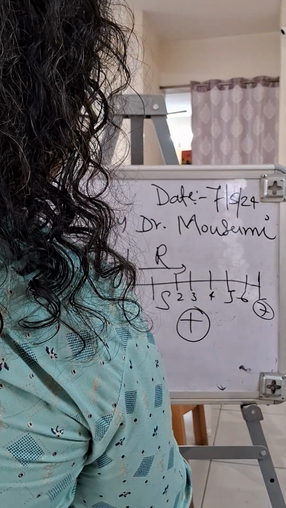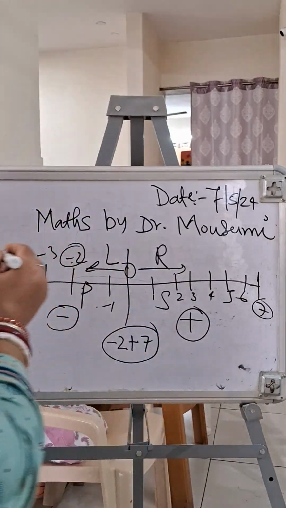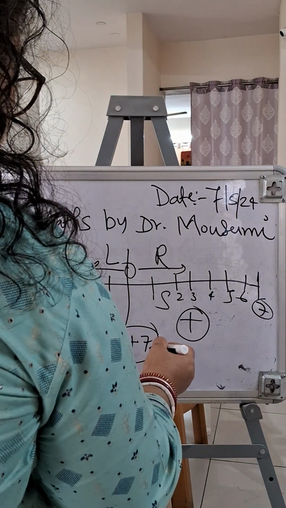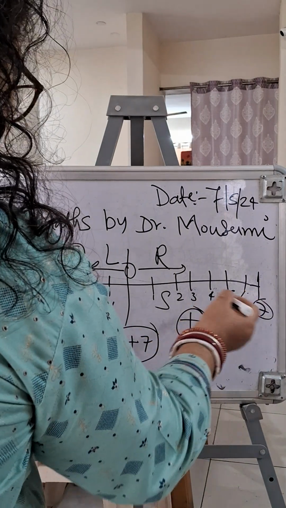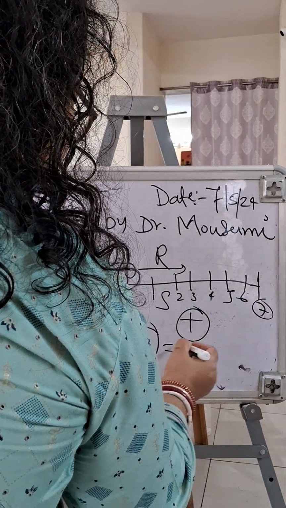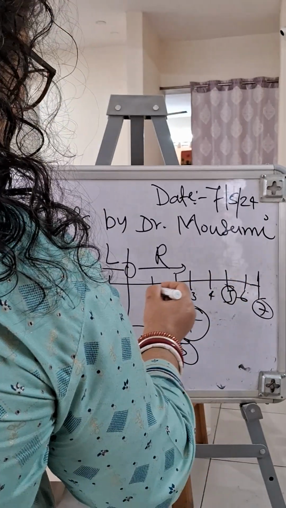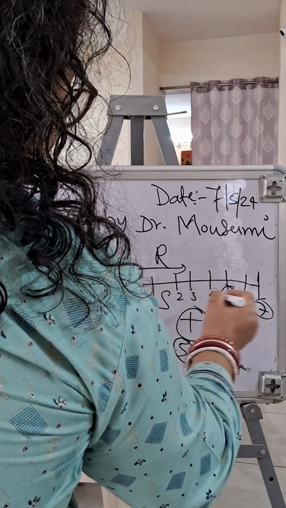This is the formula: from -2 to 7, if I add, we get the value 5, which is the successor of 0.